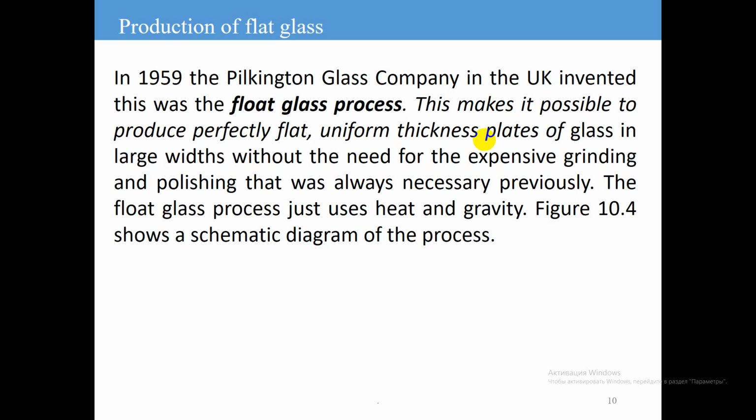This makes it possible to produce perfectly flat plates of glass of uniform thickness in large widths, without the need for the expensive grinding and polishing that was always necessary previously. The float glass process just uses heat and gravity.